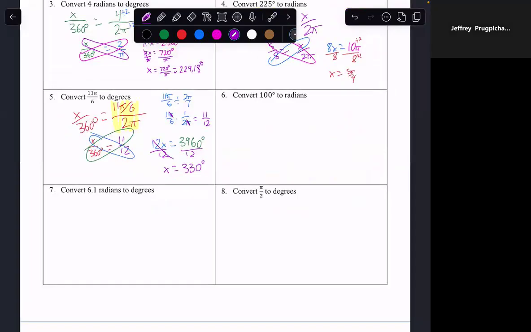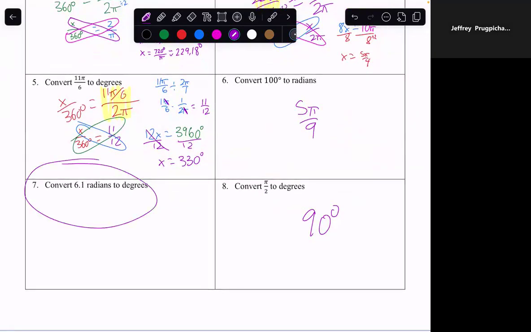These next two, well, let me just write the answer here. I will do problem 7 though, because it's always a little tricky when the pi is not there for the radians. So we don't know how many degrees we have, but you have 6.1 radians out of 2 pi.